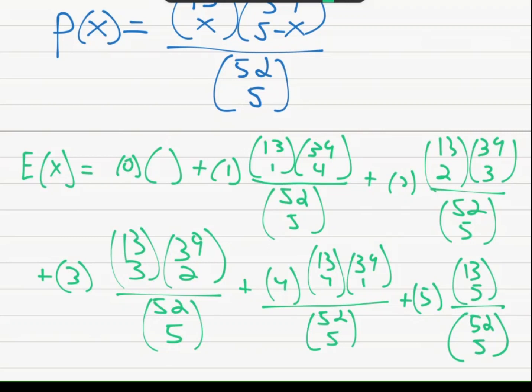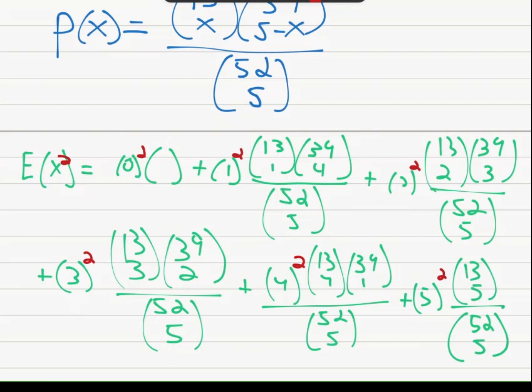And then what would we do to calculate the expected value of x squared? So just watch here, because I'm going to switch colors and just show you. If I want to calculate the expected value of x squared, then I just square everything. So 1 squared is still 1, but 2 squared is 4, 3 squared is 9, 4 squared is 16, and 5 squared is 25.